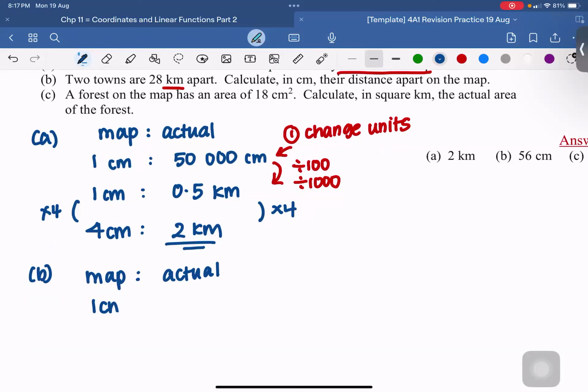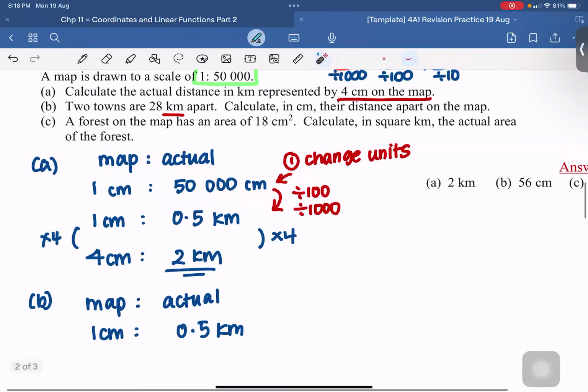1 cm is to 0.5 kilometers. The question gives me 28 kilometers. So 28 kilometers. Is it the map or is it the actual? Anyone, can you tell me the answer? So that I don't need to be talking to myself only. Map. Huh?